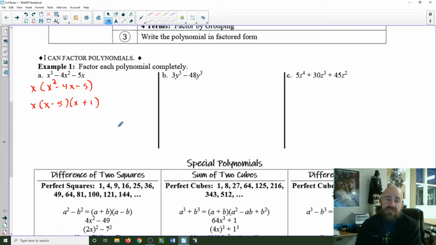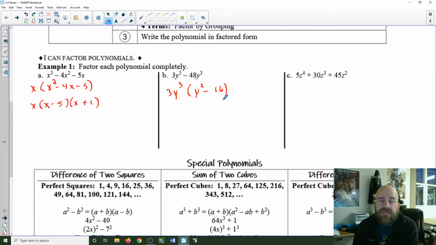So they can be as easy as that. We're taking the greatest common factor out, and it turns into a quadratic. This next one, we have a 3 we can take out and a y cubed that we can take out. So 3y cubed is the greatest common factor, and what's left is y squared minus 16.